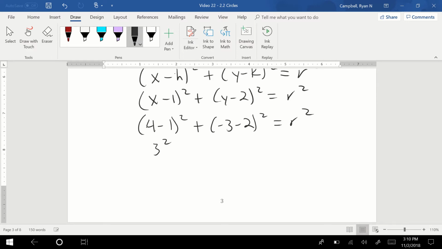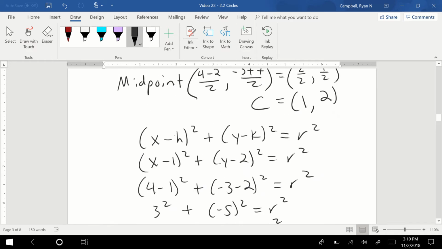So 4 minus 1 is 3. 3 squared is 9. -3 minus 2 is -5. -5 squared is positive 25. Make sure you have that positive 25. And then we said that r squared, of course, would be 34 then.